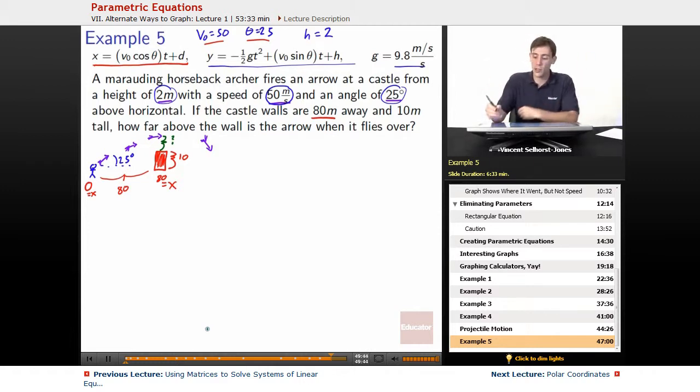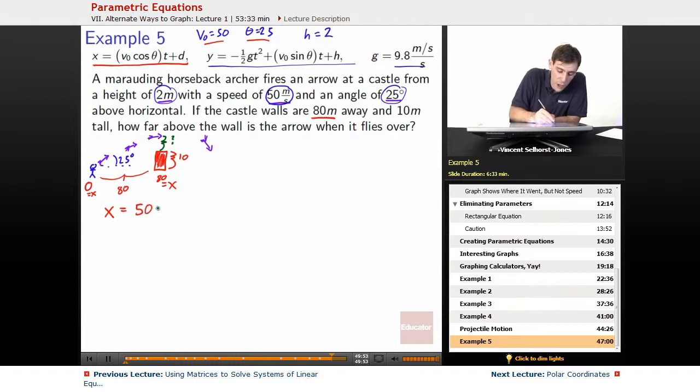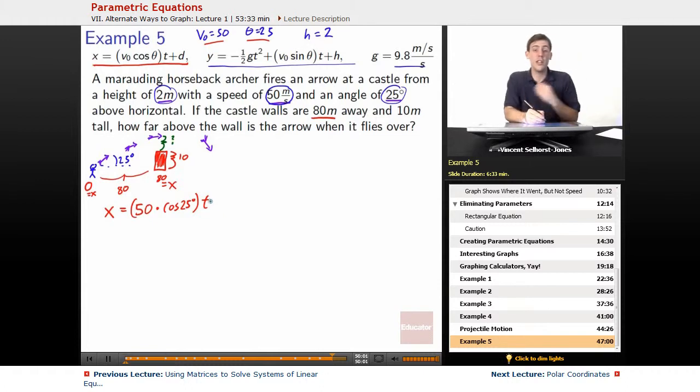So at this point, we're ready to solve this. In general, x is equal to 50, our initial speed v0, times cosine of 25 degrees, times the amount of time the arrow has flown, plus our initial location, which was 0. At x equals 80, what is our time?